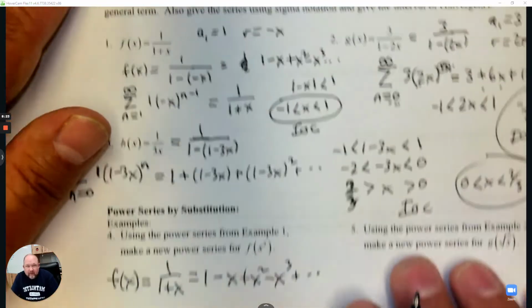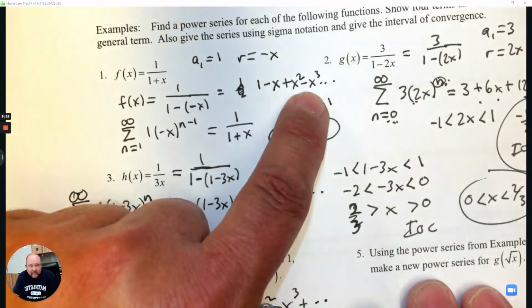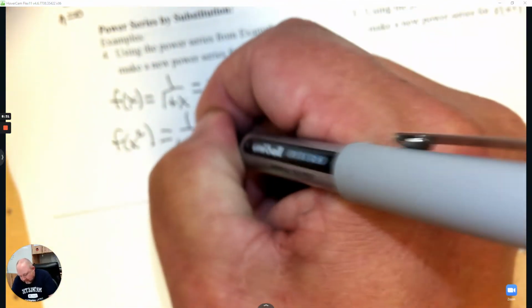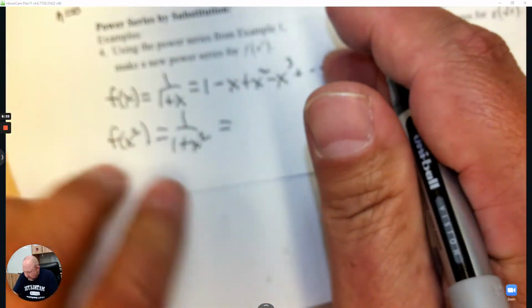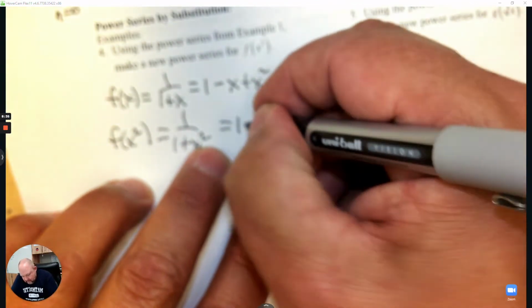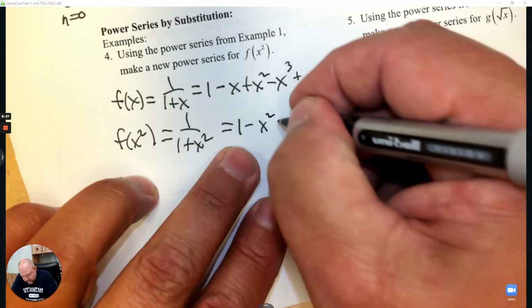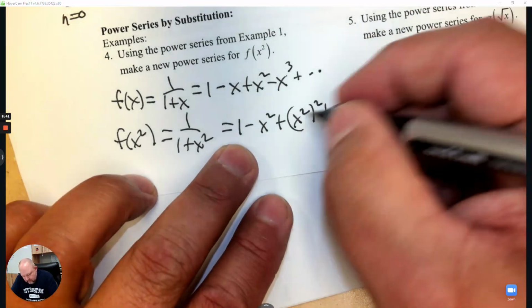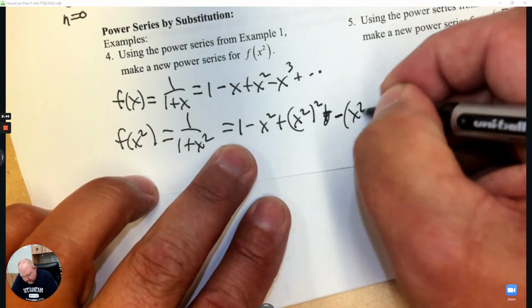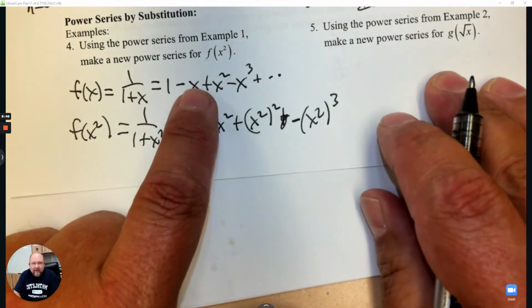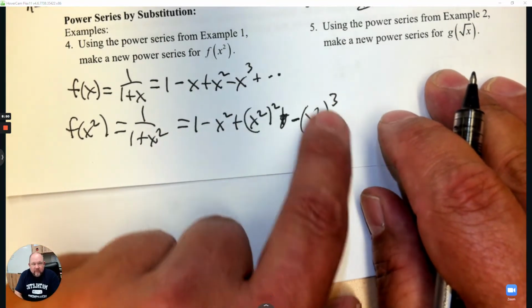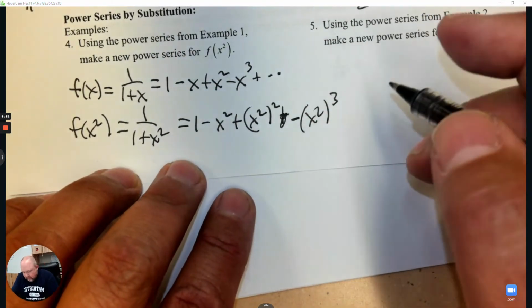So that's what it looked like. So x squared means I just plug in x squared where there's an x. This is a minus. And then plug in x squared for x. Just plug in. And you can simplify the exponents if you want, to the 4, to the 6, and so on.